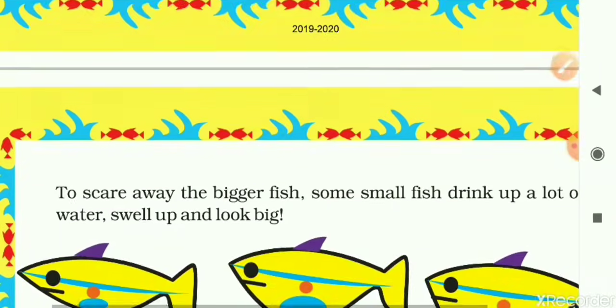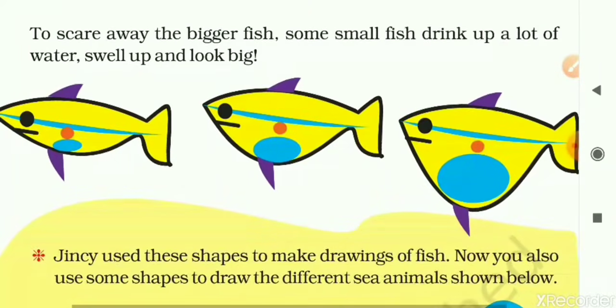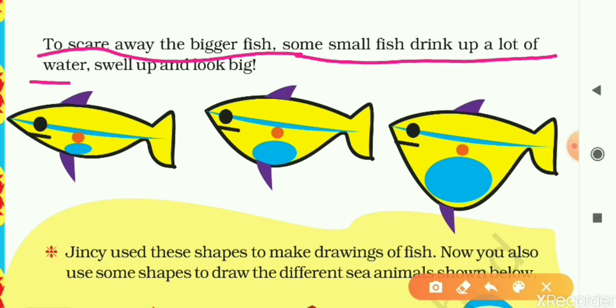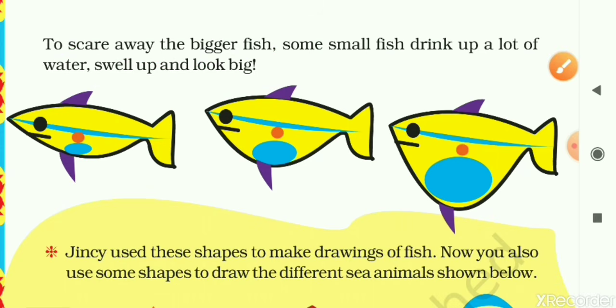Now next page. To scare away the bigger fish, some small fish drink up a lot of water, swell up, and look big. What does it mean? It means that there are small fishes, okay, and they are scared of the big fishes, because big fish eat the small fishes.